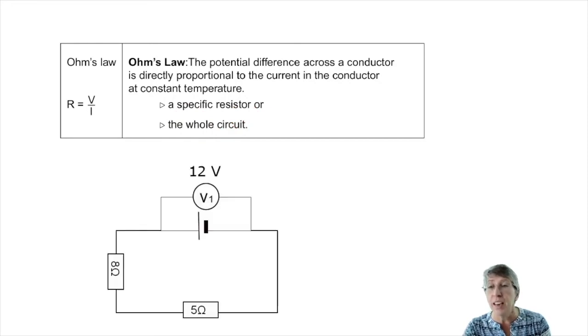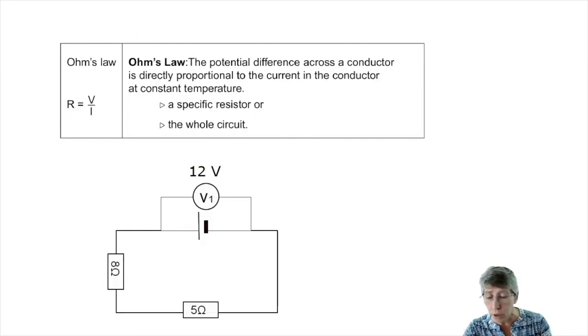Say, for instance, you had a circuit and you had 12 volts over there, and they asked you to calculate the current in the 8 ohm. Now, I've got R equals V over I. I've got the R over there, 8. But that 12 volt is for the whole circuit. That 12 volt is not true for the 8 ohm. So I am not allowed to use the 12 with the 8.